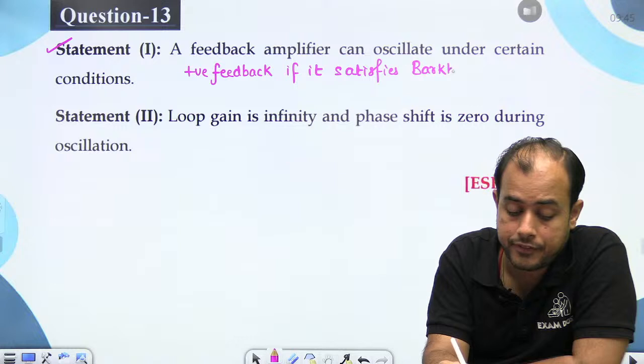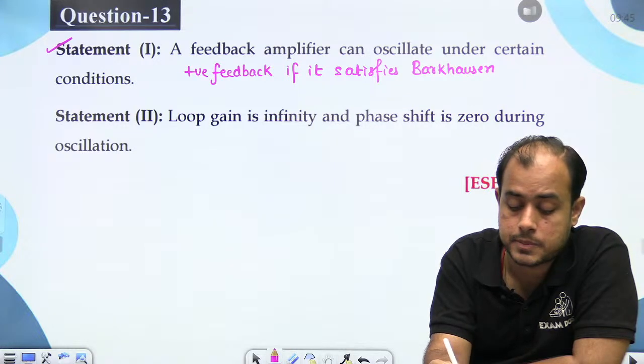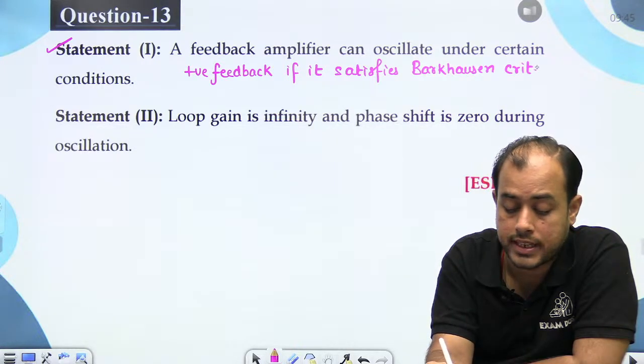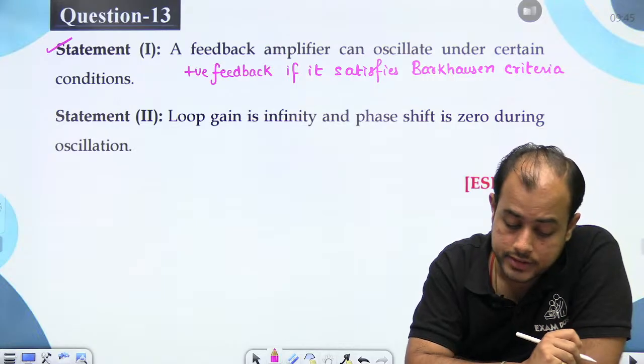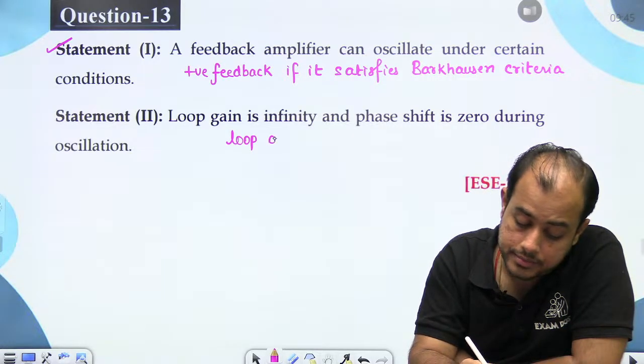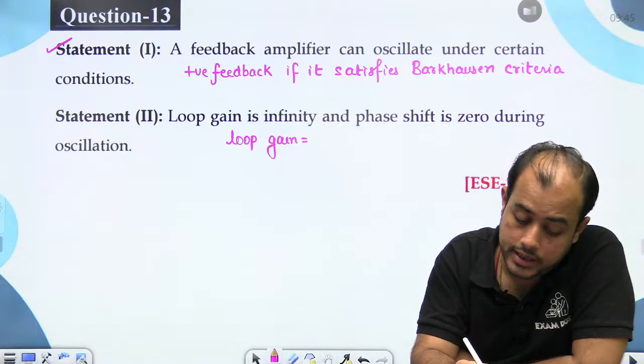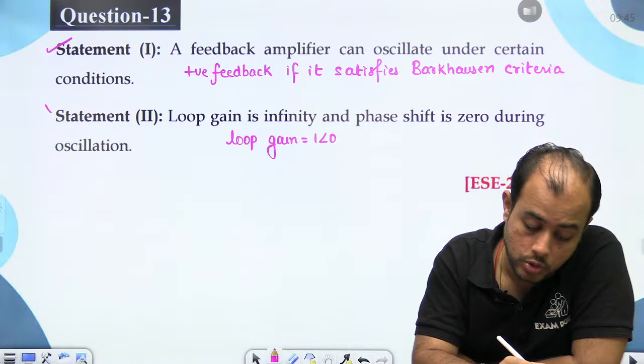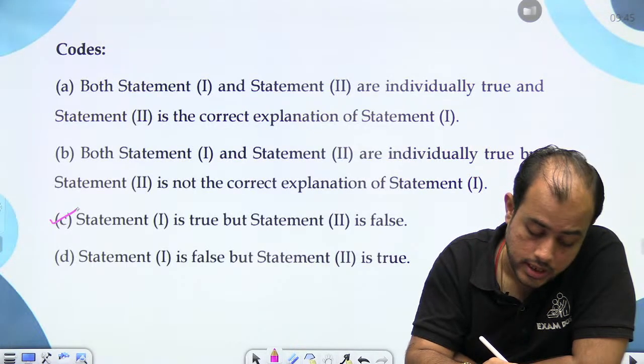If an amplifier along with feedback satisfies Barkhausen criteria, it can oscillate. Loop gain should be 1, not infinity. Loop gain 1 आना चाहिए, so answer is C.